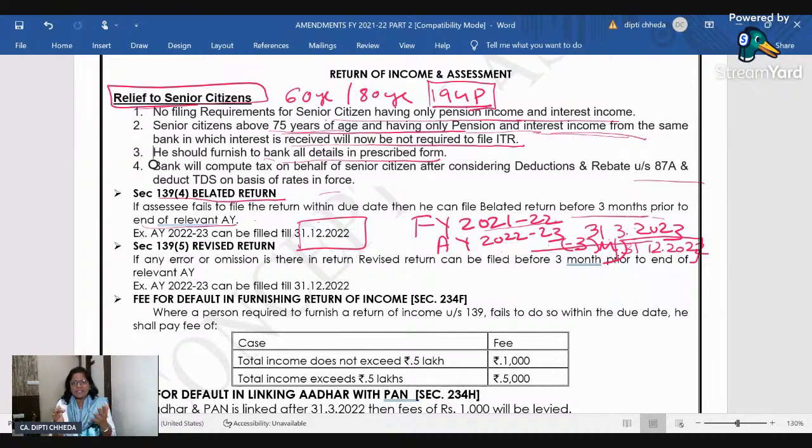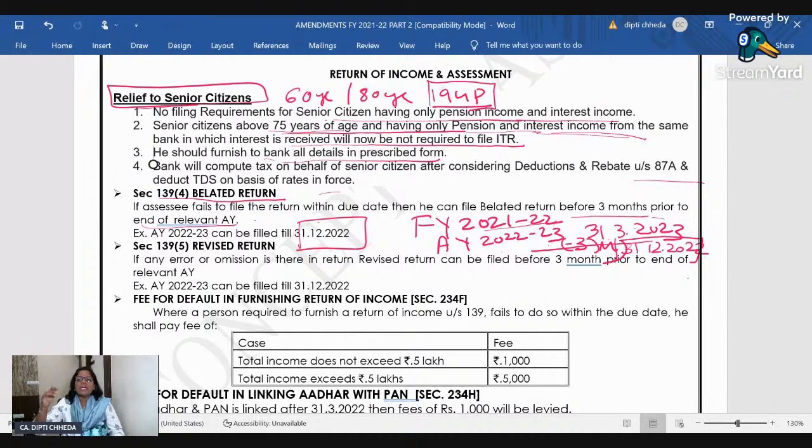Which return? Belated return. And now, Control C and Control V. Same applies to section 139(5) for revised return. If there is any error or omission or you missed out taking a deduction or something went wrong and you want to file a revised return, that can also be filed 3 months prior to the end of the relevant assessment year.